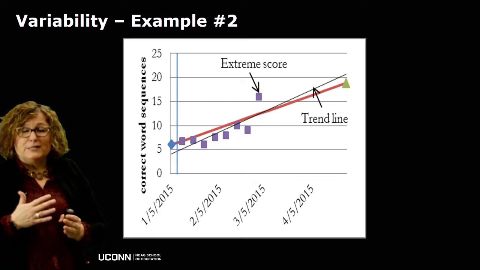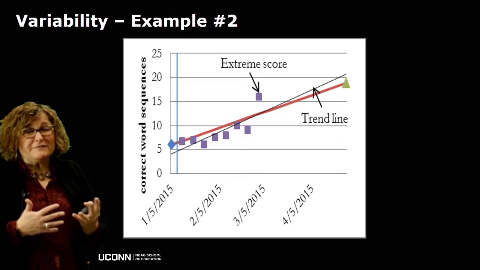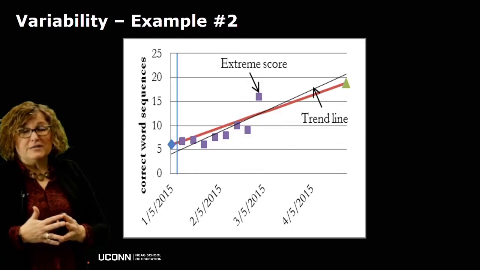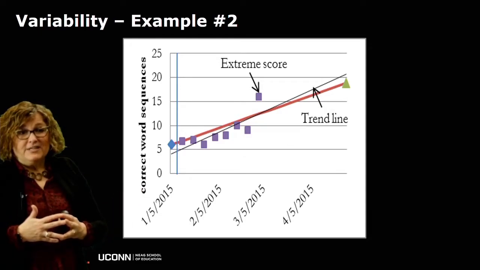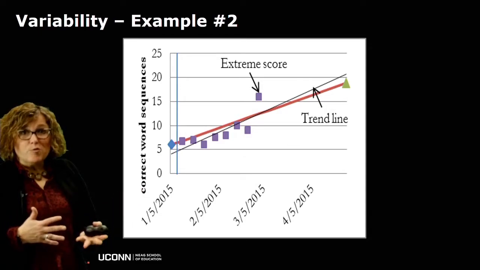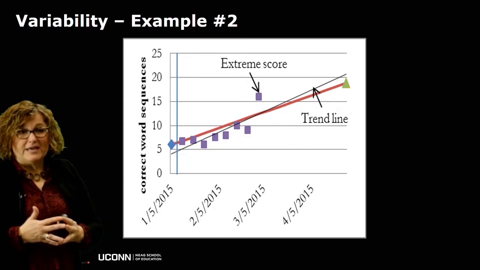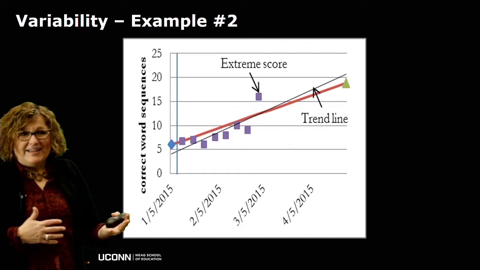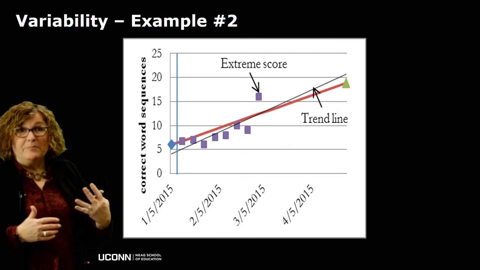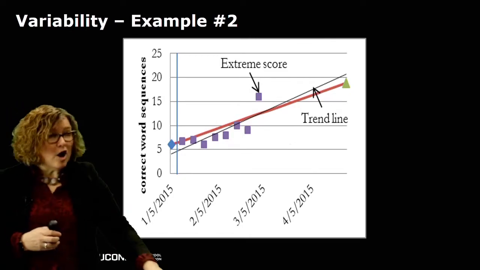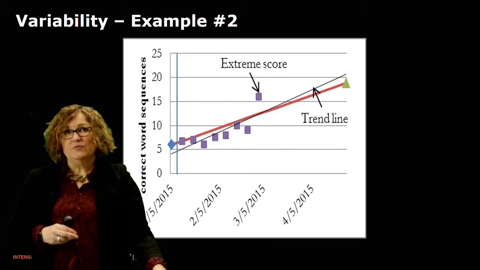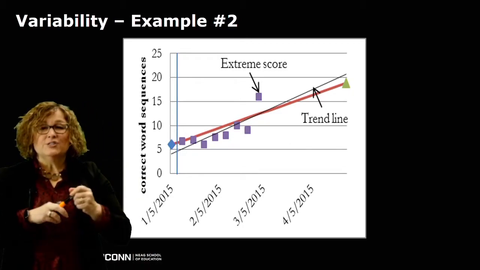But the data points are generally falling below the goal line, and so we might actually suggest that a change should be made. The 4-point rule might suggest we should make a change even earlier. However, the trend line is actually trending above the goal line, largely due to this extreme score.